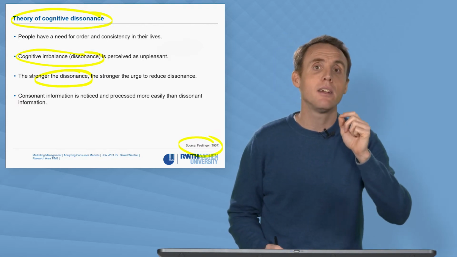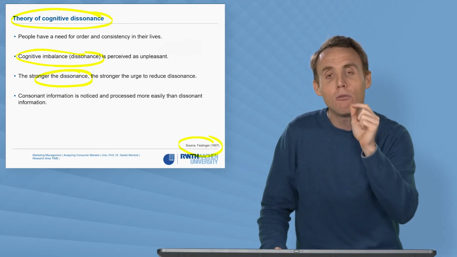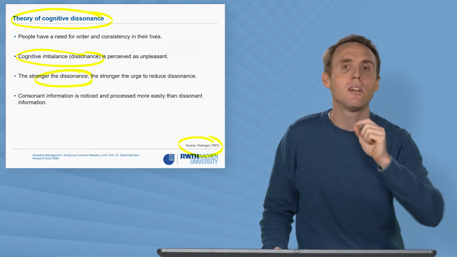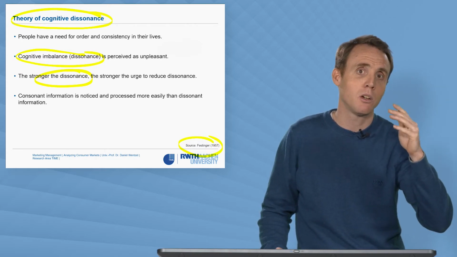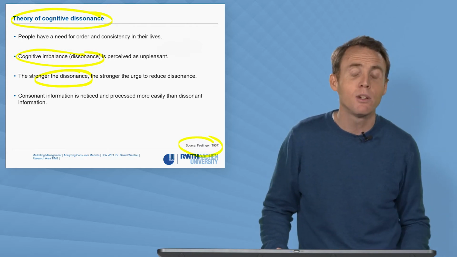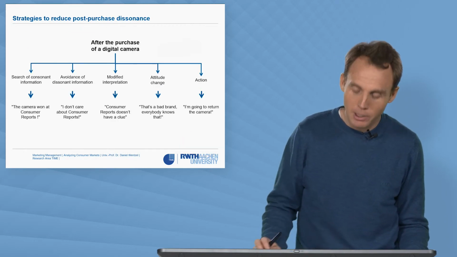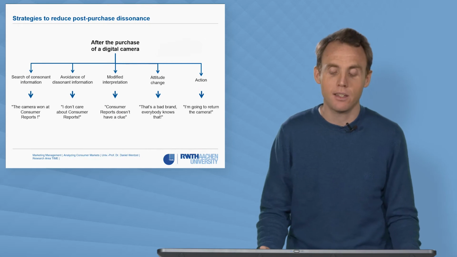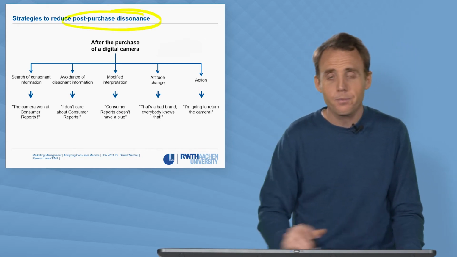The lesson here is that our perception is not really objective. What it means is that information that confirms what we believe, or reflects what we want to believe, is noticed and processed more easily. Now, one area of application in a marketing context is what they call post-purchase dissonance, right?